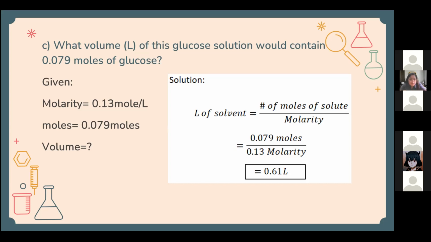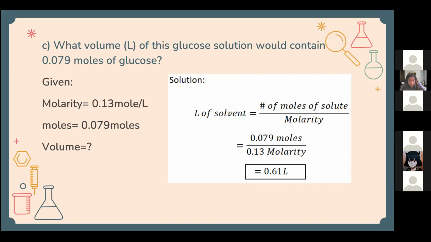Ang hahanapin natin ngayon dito is yung volume. So kung kanina sa letter B, yung hinanap natin is moles, dito sa letter C is the volume. So we have here the formula of the volume, which is the liters of solution. Again, this is solution equals to number of moles of solute over molarity.